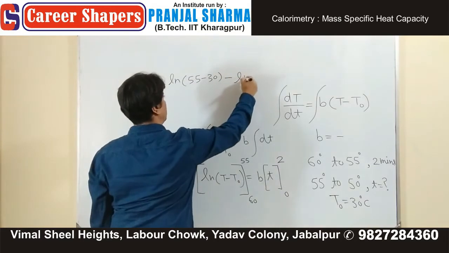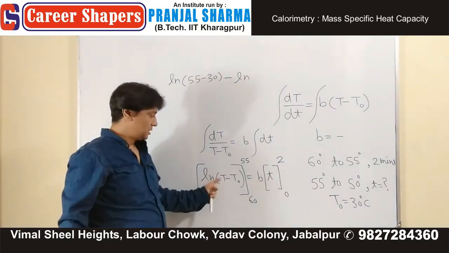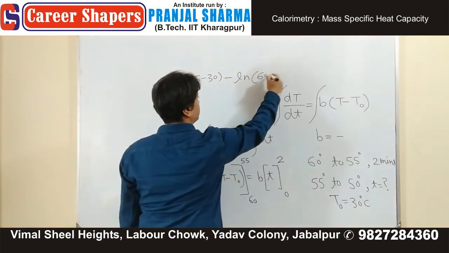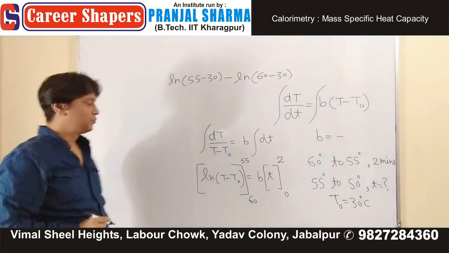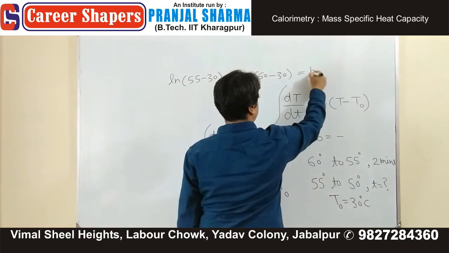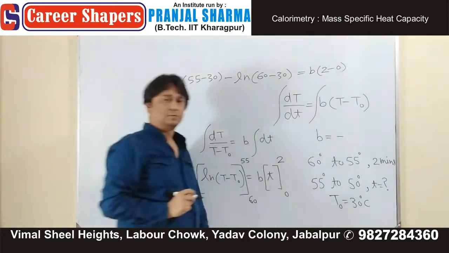Minus log. Now use the lower limit. Replace t with 60. Surrounding is still 30. And on the right hand side you get b times 2 minus 0.